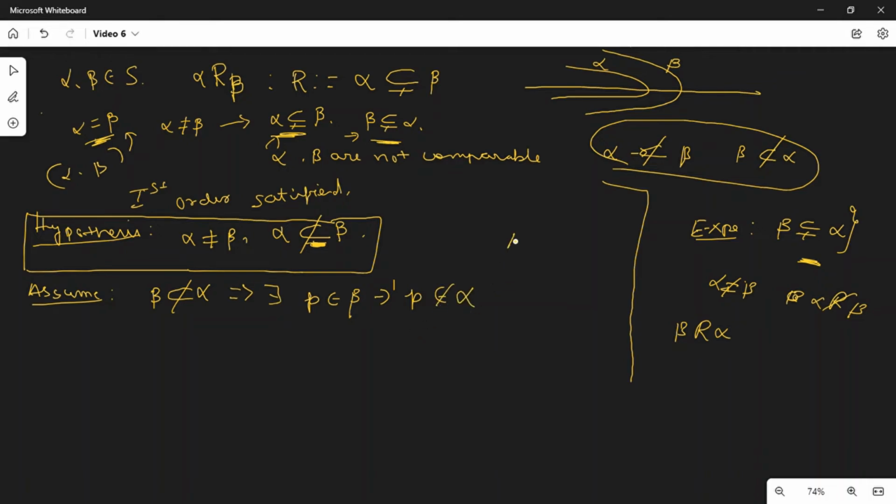If A is not a subset of B, then there exists an element in A that does not belong to B. There is one element in A which is not in B.